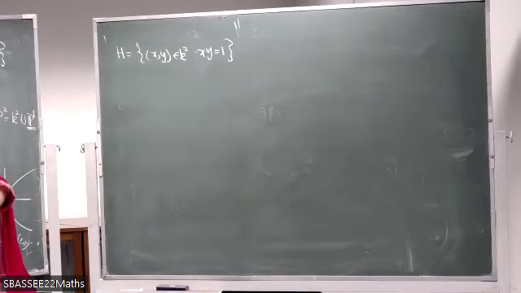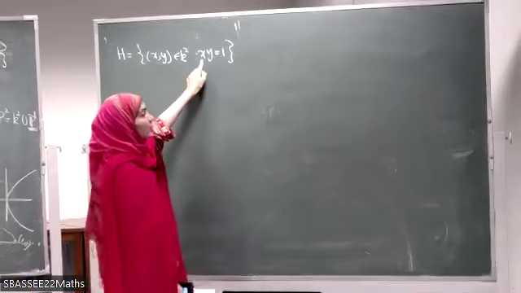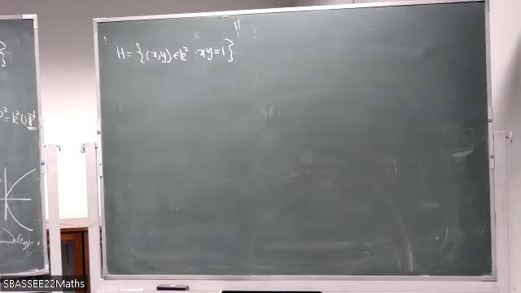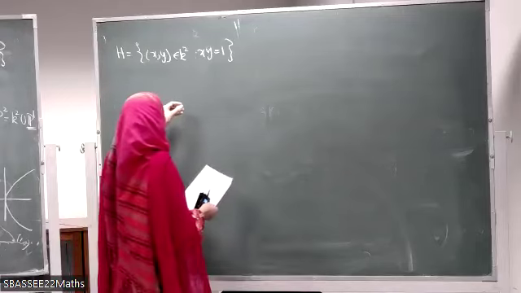I will introduce a new variable, because I know this has degree 2 and I want this one also to have a degree 2 term. The new variable will contribute to make this non-homogeneous polynomial into a homogeneous polynomial. This is called the homogenization.